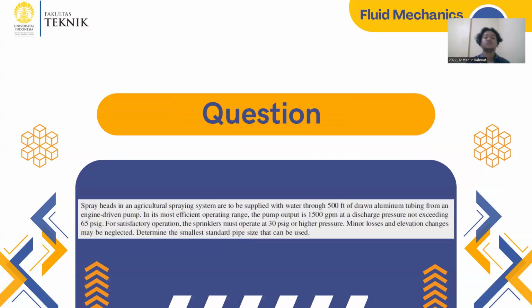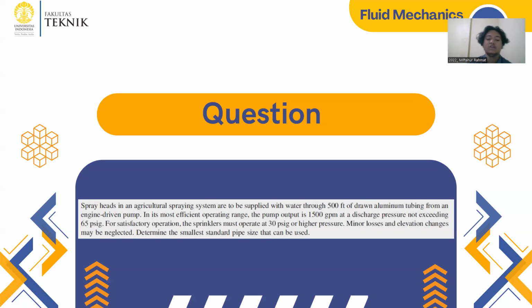For question number two: spray heads in an agricultural spraying system are to be supplied with water through 500 feet of drawn aluminum tubing from an engine-driven pump. In its most efficient operating range, the pump output is about 1500 GPM at a discharge pressure not exceeding 65 psig.